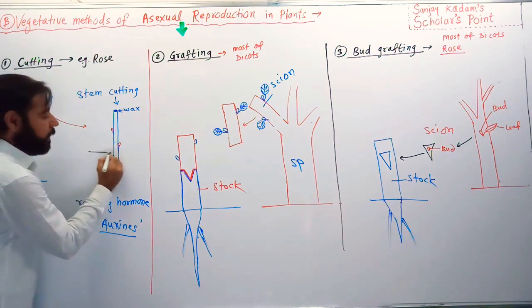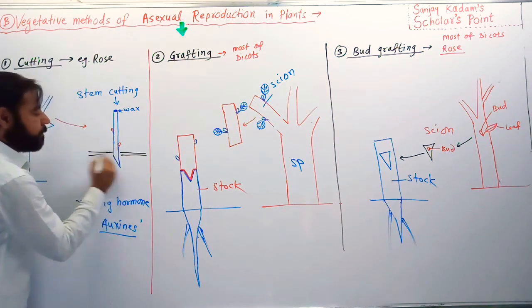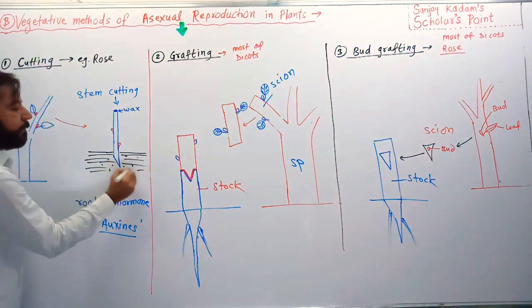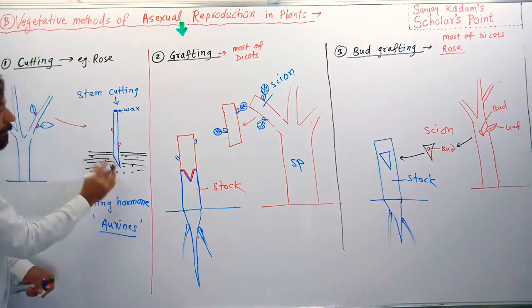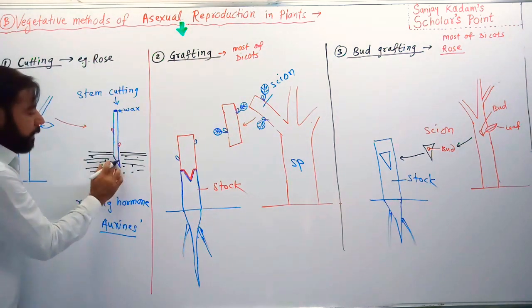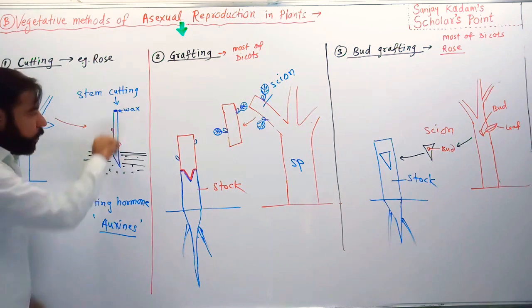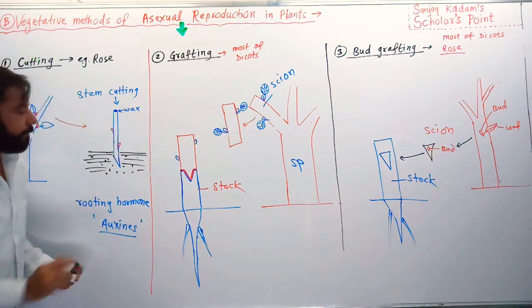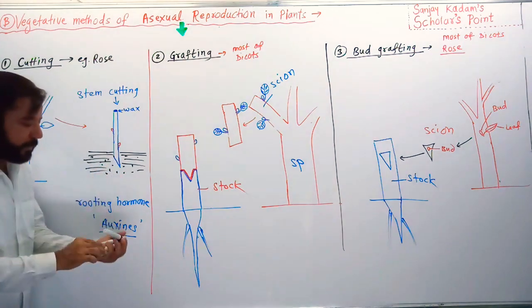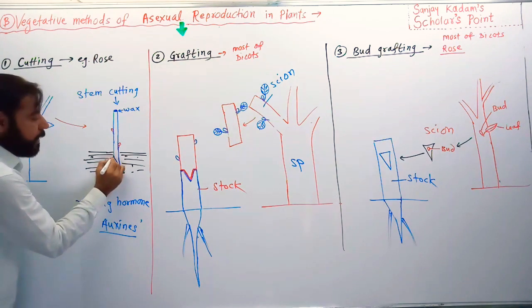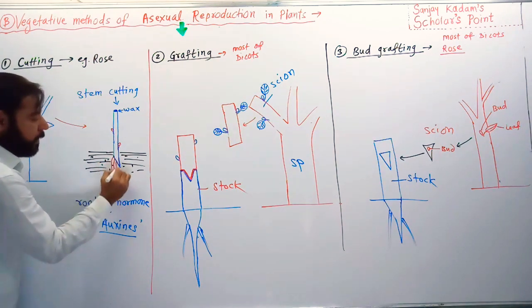Now this lower end is introduced into soil surface. In this way it is kept in such a way that no disturbance to the stem cutting by animals or man, and after few days we observe a root formation here from lower part.